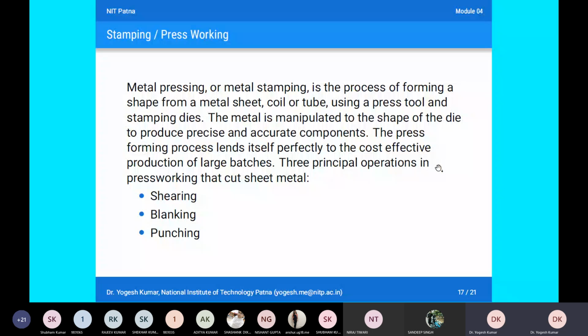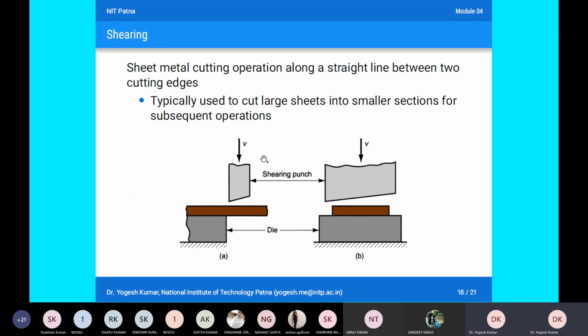There are three principal operations in press working that cut sheet metal. First one is shearing, second one is blanking and punching. I hope you might have studied all these three processes during your manufacturing course, but as a revision, just to memorize, I will give a small introduction.